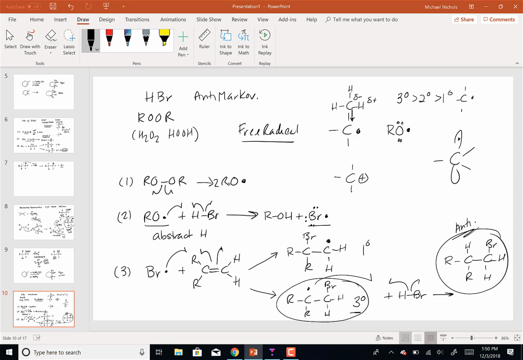In each of these steps, I kept making a species that had an unpaired electron. This is the problem with free radicals. Because once they react, they always generate another species that's got an unpaired electron, so it can then react.